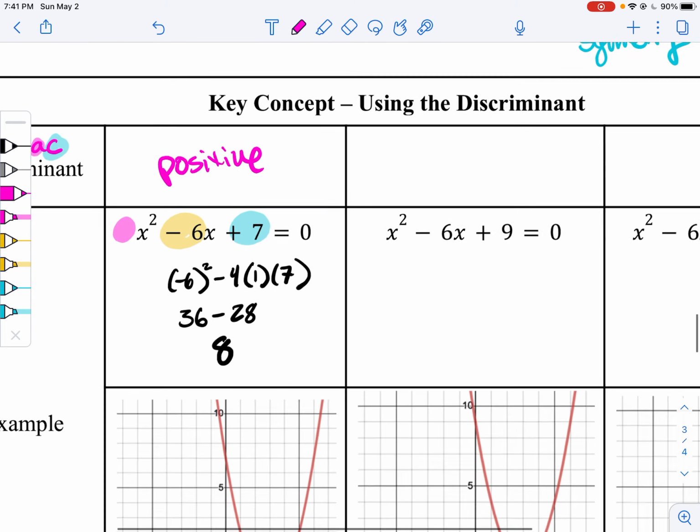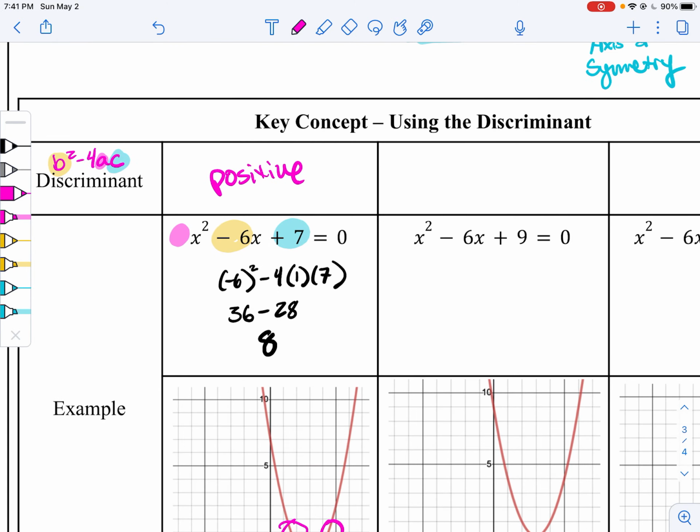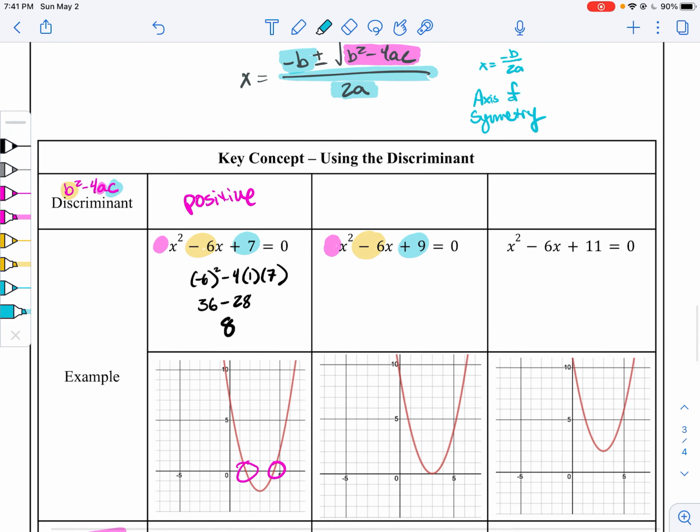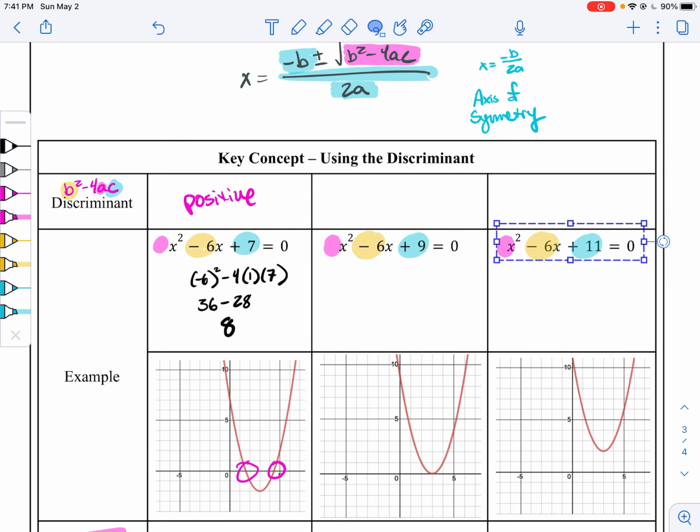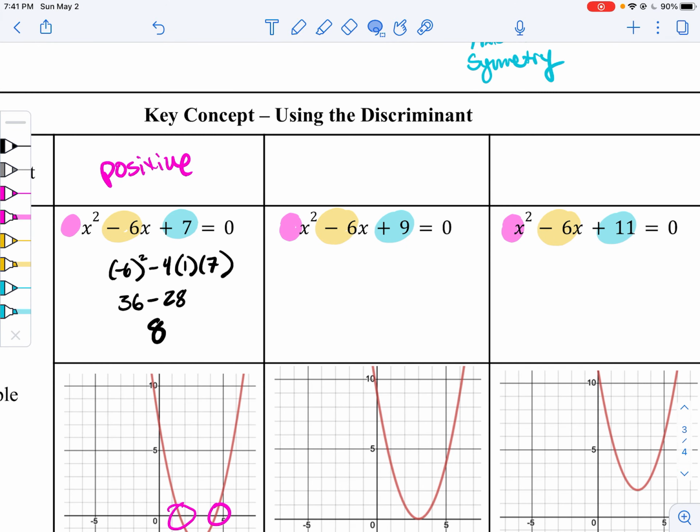When our discriminant is, let's see, what do we have? Our a is 1, our b is negative 6, and our c is 9. Hey, look, I did that on purpose. Look, they're all the same. So that means every time we're just going to be changing our c.